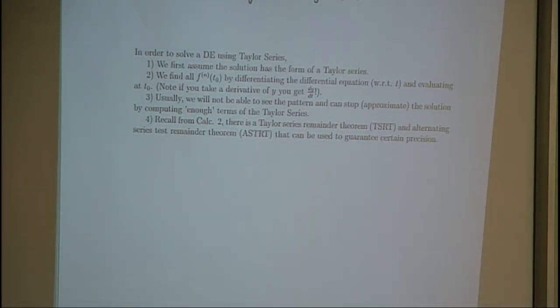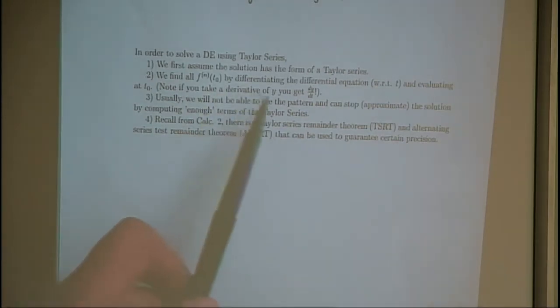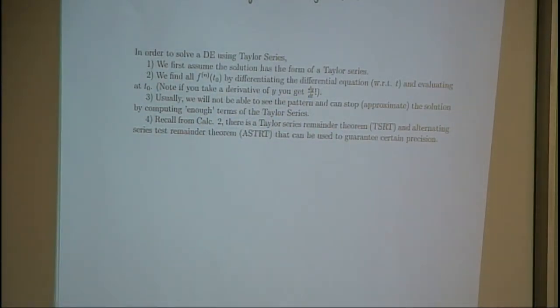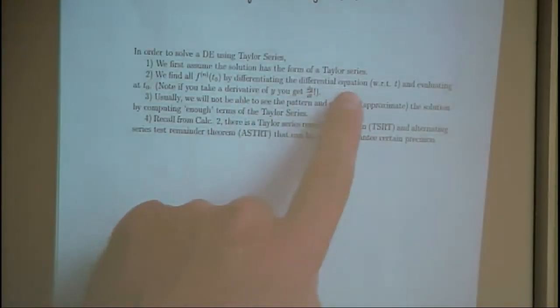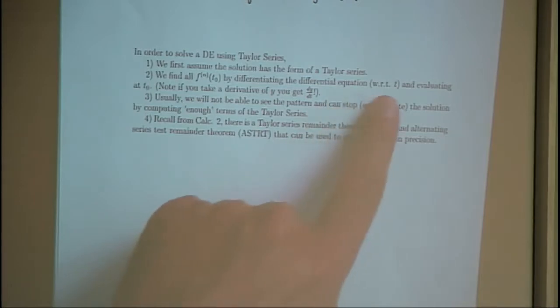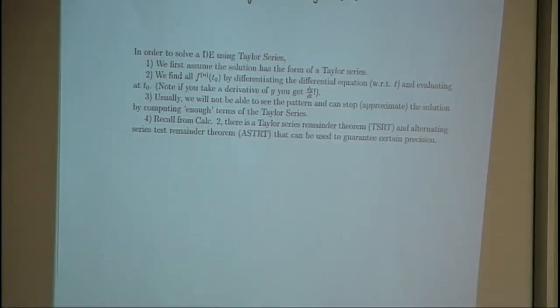Okay, so I'm going to summarize this method before I use it. So here's the idea. We're first going to assume that our solution to our differential equation does have a Taylor series expansion centered at some center. And then we're going to find out what the coefficients are for this Taylor series by differentiating the differential equation repeatedly with respect to letter t, or whatever independent variable you're talking about.